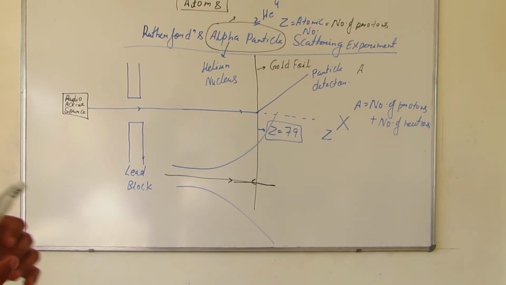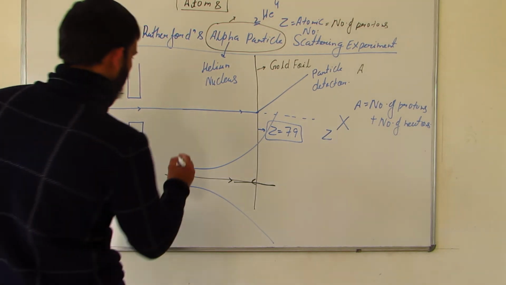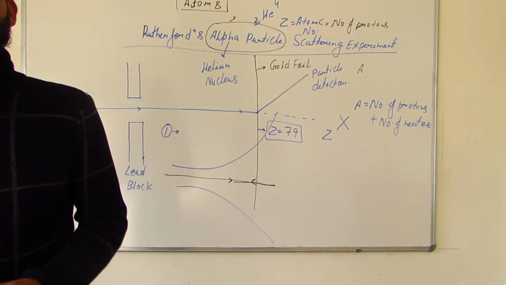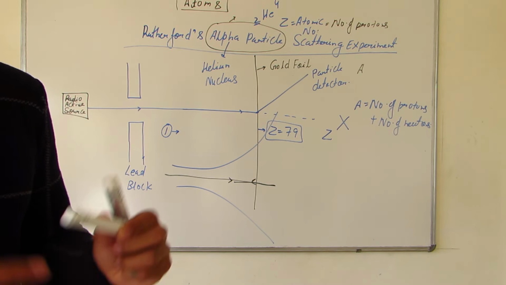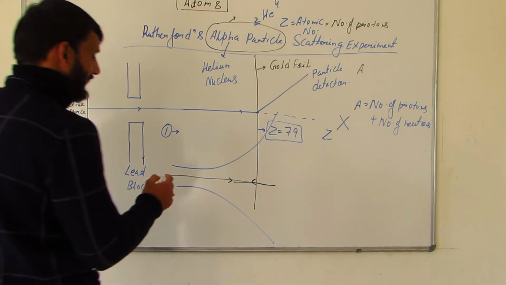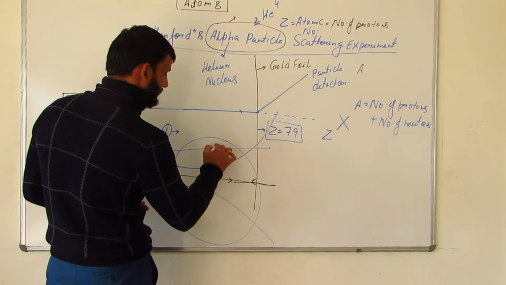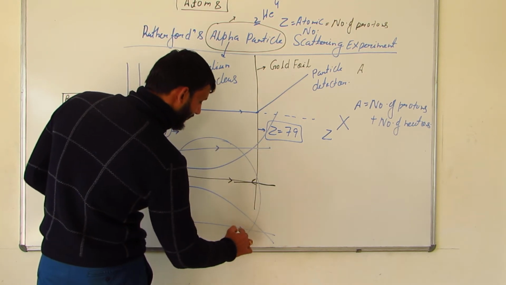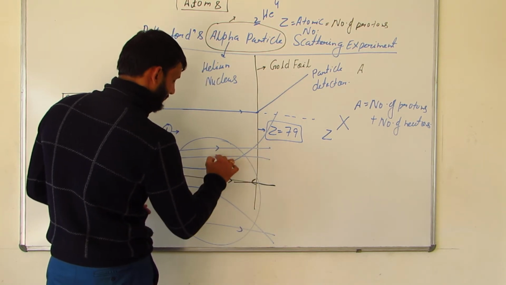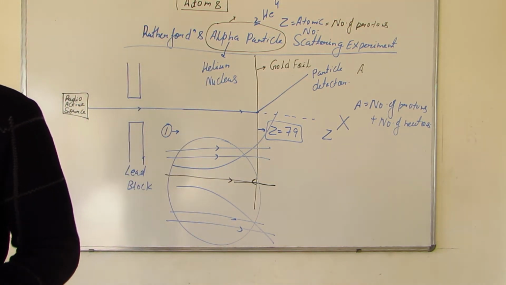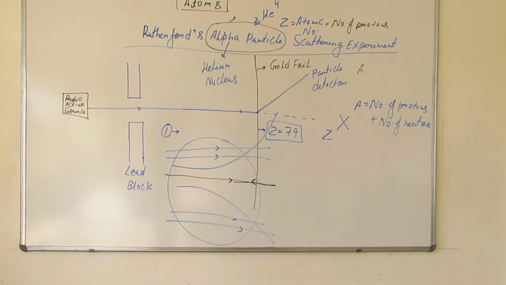So the first conclusion was that most of the space inside the atom is empty. That's why they were able to go straight. Suppose this is the atom, so most of the space inside the atom was empty and they could go straight without deviating here and there.